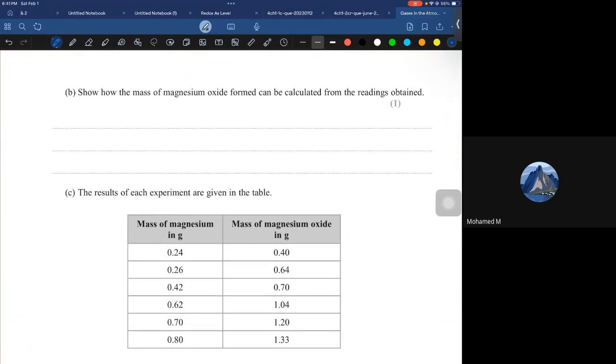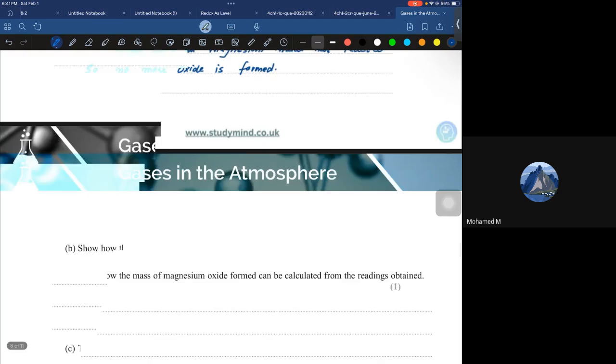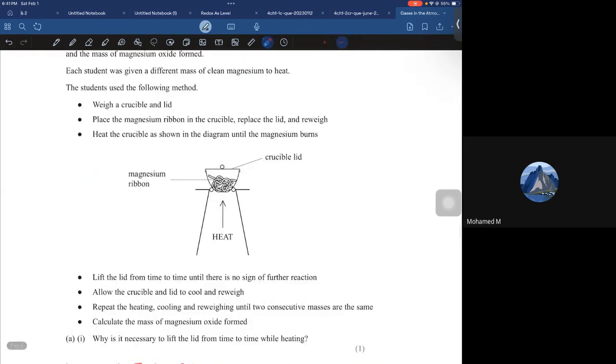The mass of magnesium oxide. But we just have it in the table, no? Basically, this is your magnesium oxide.